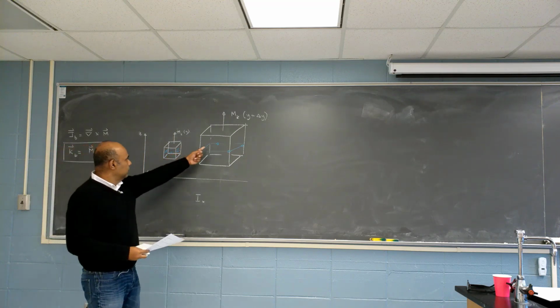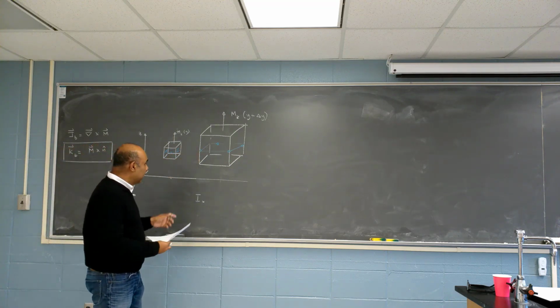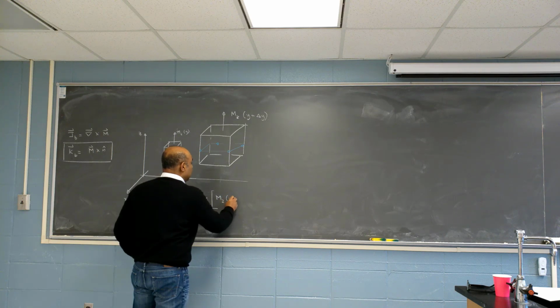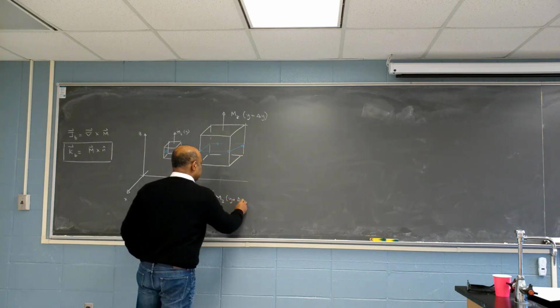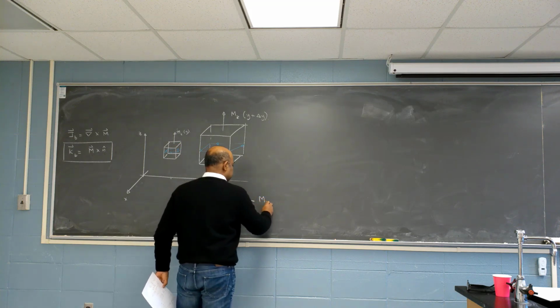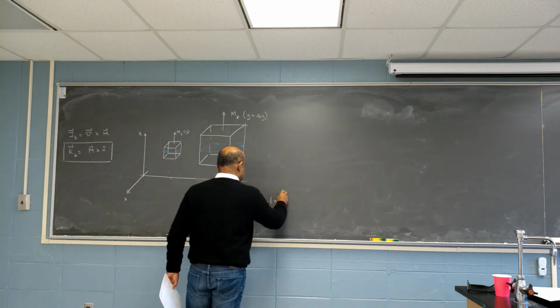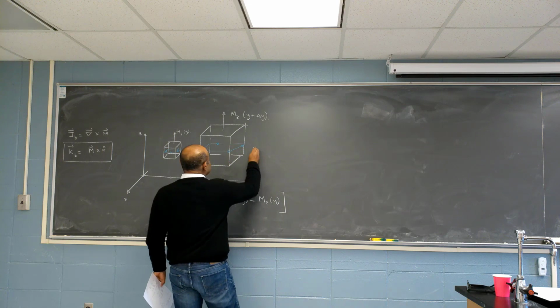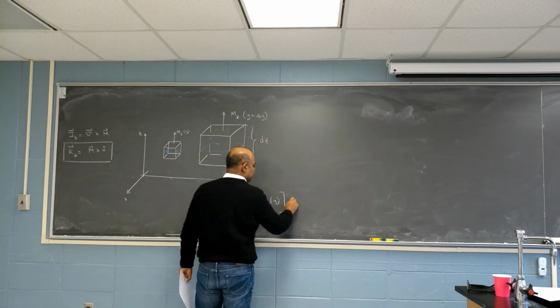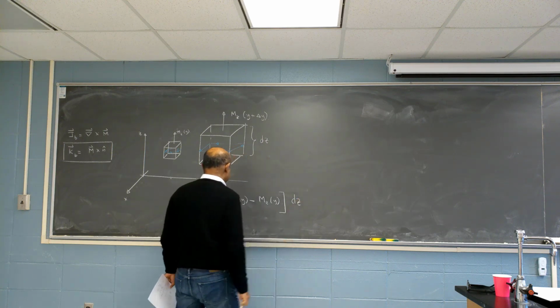Small going in, coming out. And how much will that be? Well, that's equal to mz at y plus delta y minus mz at y times the thickness dz.